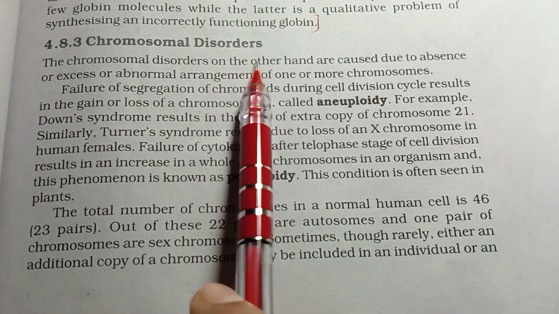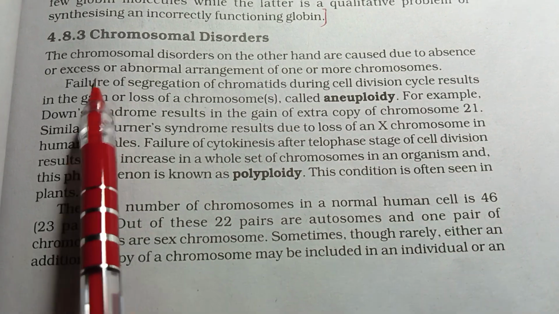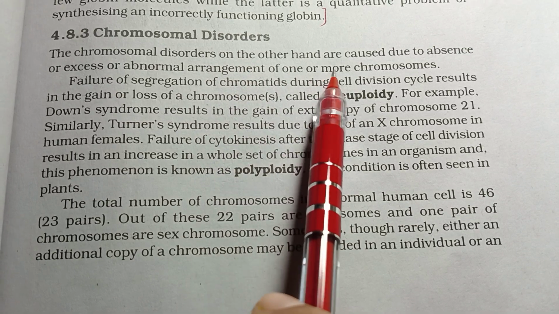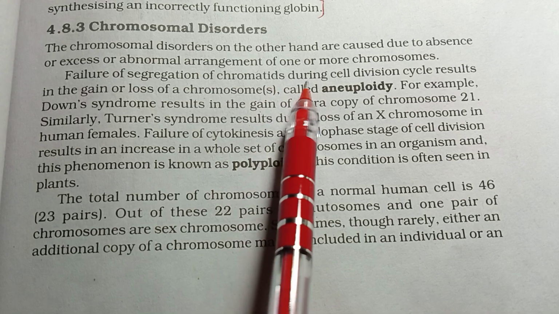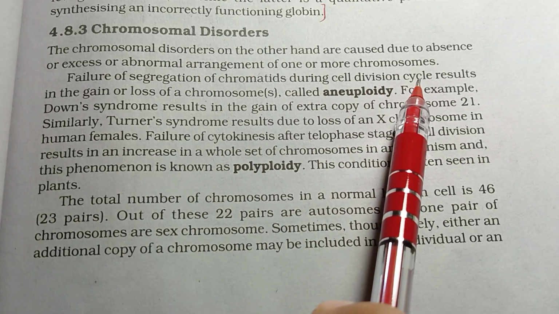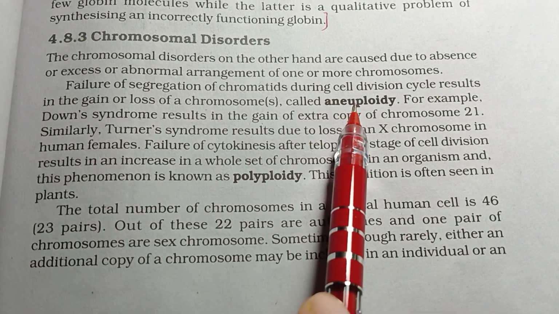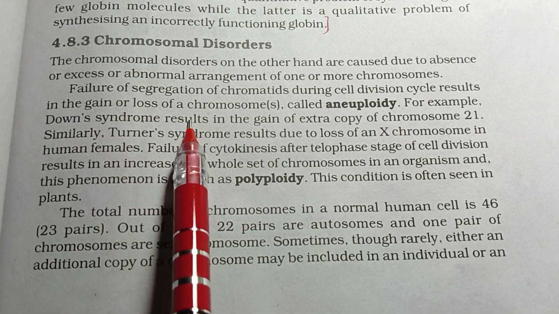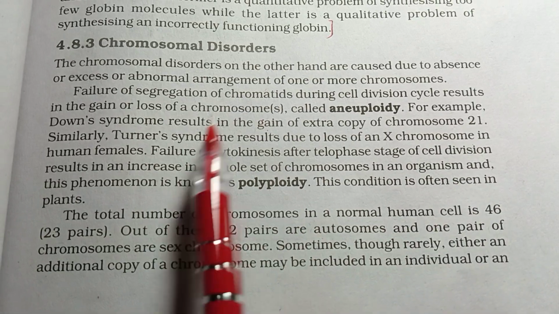So now the chromosomal disorders. The chromosomal disorders on the other hand are caused due to the absence or excess or abnormal arrangement of one or more chromosomes. So failure of segregation of chromatids during a cell division cycle results in the gain or loss of a chromosome called aneuploidy. For example, Down syndrome results in the gain of extra copy of the chromosome 21.